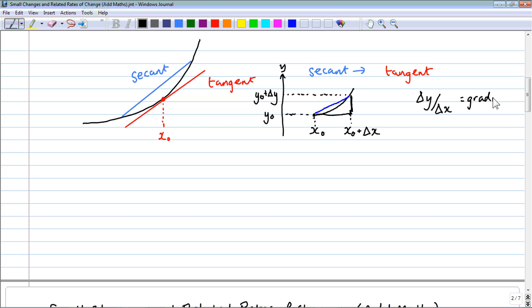So delta y over delta x is the gradient of the secant. But we know from calculus that if the delta x is small, the gradient of the secant is very close to the gradient of the tangent.